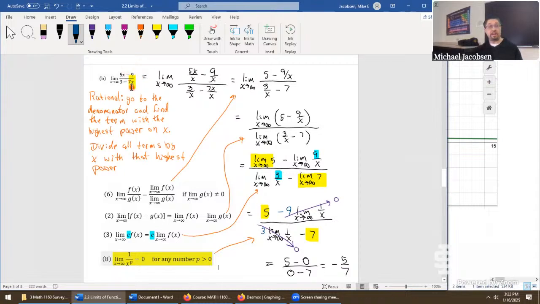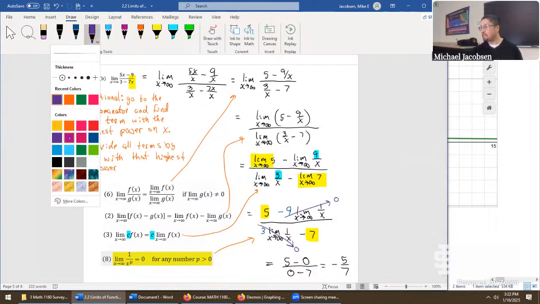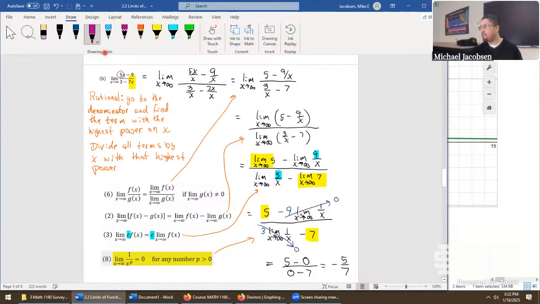Degree of x in the denominator is also degree 1. So what we actually expect here is 5 and negative 7 should come down here. It's not a coincidence at all. So the more you know about these kind of horizontal asymptotes, the faster and faster these problems could be.